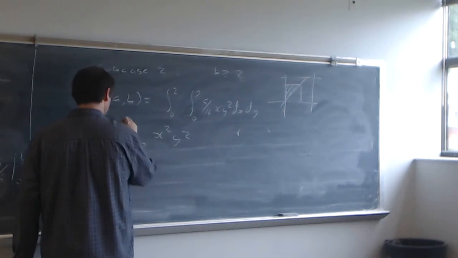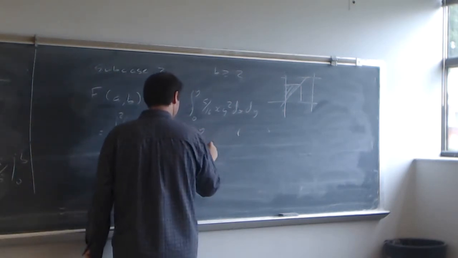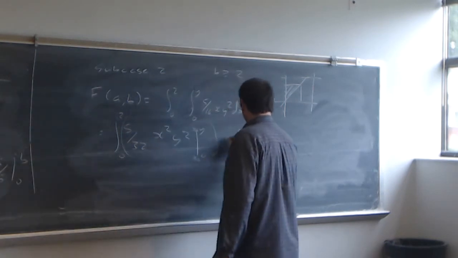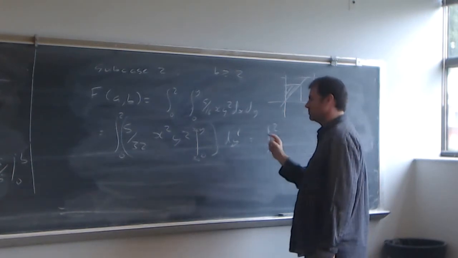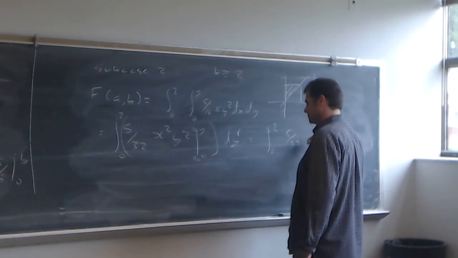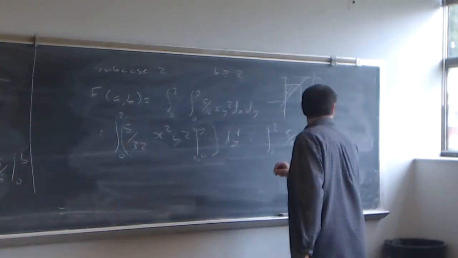We still need to do an integral from 0 to 2. And we first need to evaluate this from 0 to y, since the x values run from there. And then once we do that, we integrate with respect to y. So here, this integral from 0 to 2, I let x be y, I get 5/32 y to the 4th. When I let x be 0, I get nothing, dy.